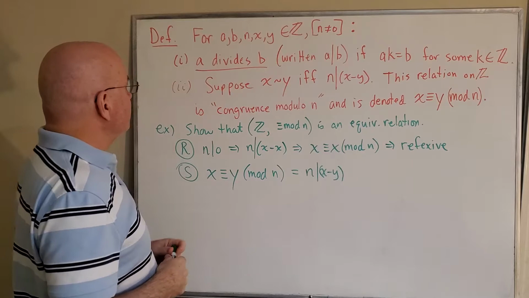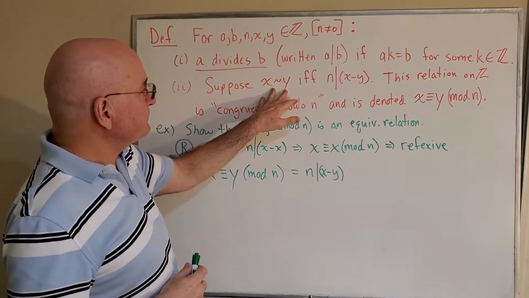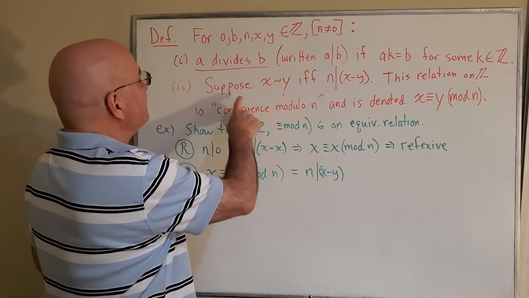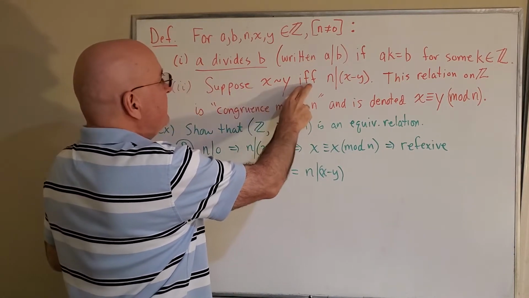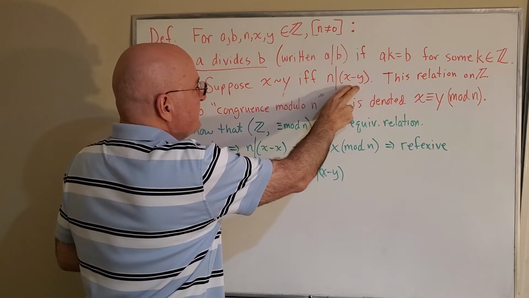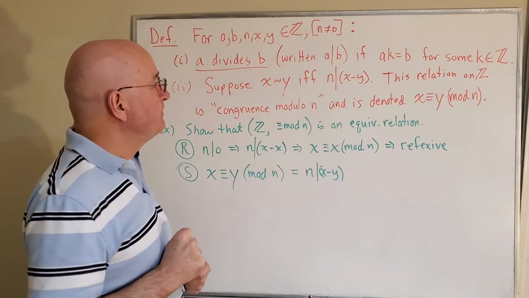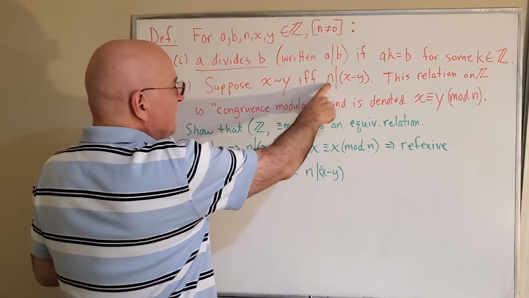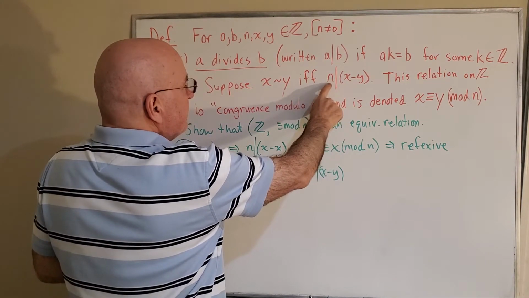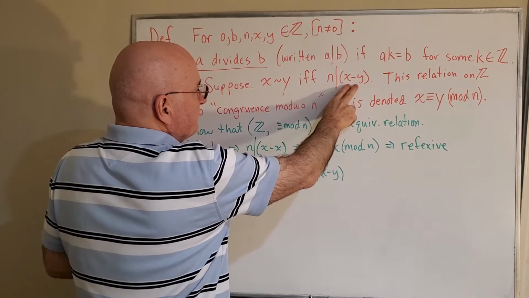Okay, the second one is, suppose x and y are related. So let me rephrase that. Suppose x and y are related if and only if n divides x minus y for some fixed value of n. So what that says is that n divides x minus y, so there's some number k I could multiply n by to get this value.